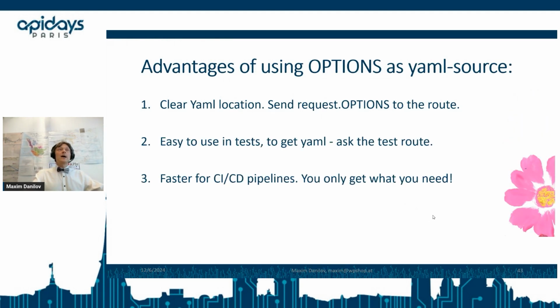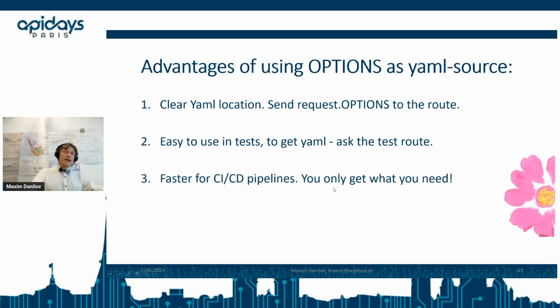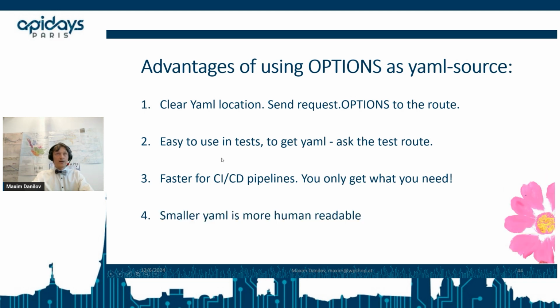At second, it's easy to use in tests to get YAML for some route. I can simply ask the test route to generate a small YAML file for me. And of course, CI/CD pipelines work much faster because I don't need to download the whole YAML file. I download only what I need. And a smaller YAML file is much more human readable, etc.